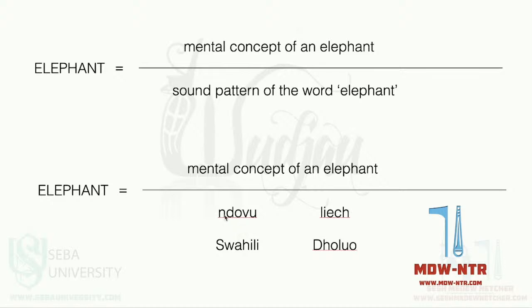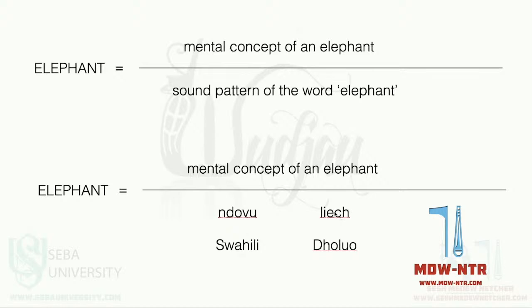But this form, ndovu, is the form for the exact same mental concept of this large gray animal. This form glued to the concept is a Swahili sign, also known as a word. Ndovu is a Swahili word for the exact same concept. It's the concept and the form glued together that produces the Swahili sign.